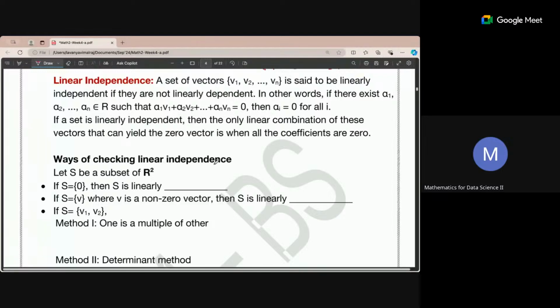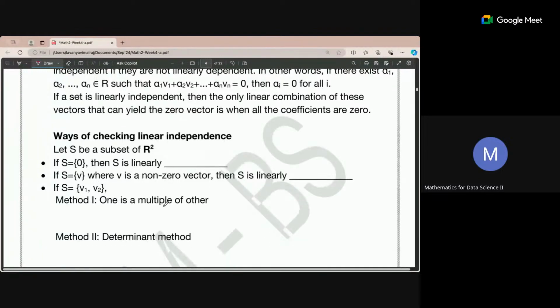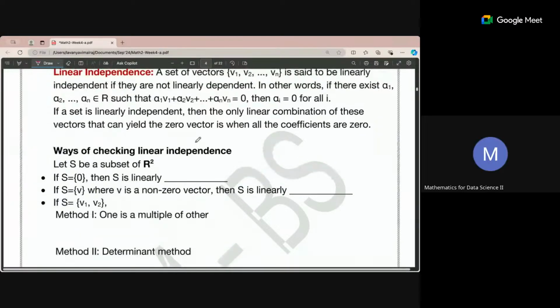Now, what are the ways of checking linear independence? First, let us look at R2. If you take any subset S of R2, and if that subset contains only the 0 vector, is S linearly independent or dependent? Independent. Now, what is 1 times 0? 0.